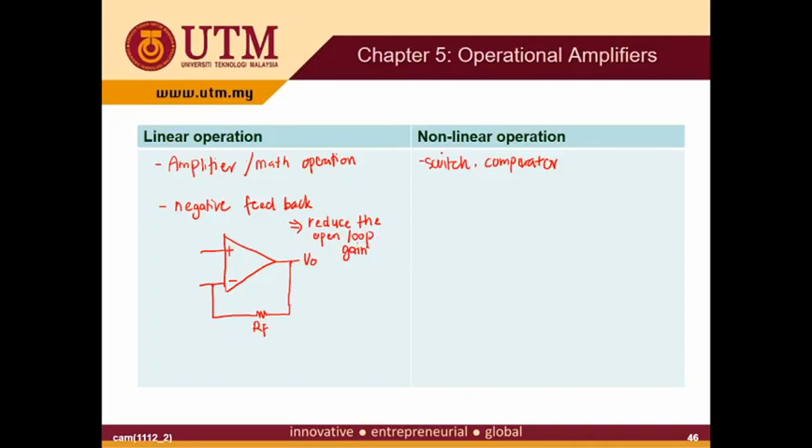If the open loop gain is infinity, it is quite difficult to use the op-amp as an amplifier because the gain is too much. So we need to reduce the gain to a certain usable level. That's why we apply negative feedback. By having negative feedback, you reduce the gain, and you can control the gain.